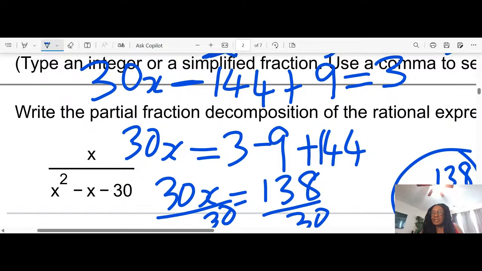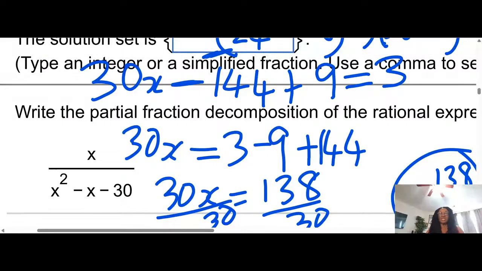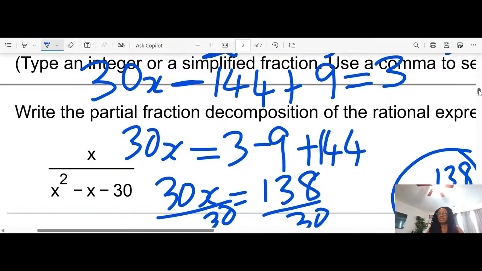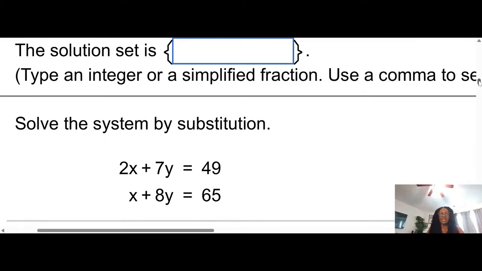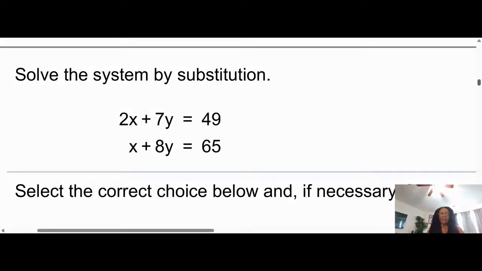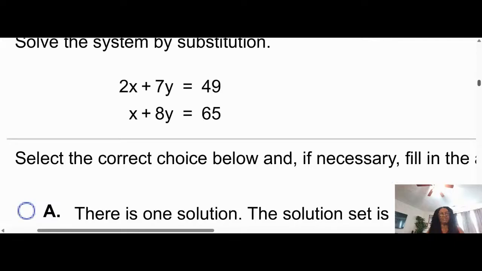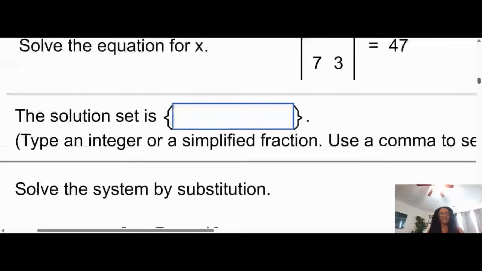All right, so we talked about matrices and we talked about solving equations containing a matrix. And then the next, we can solve a system of equations.